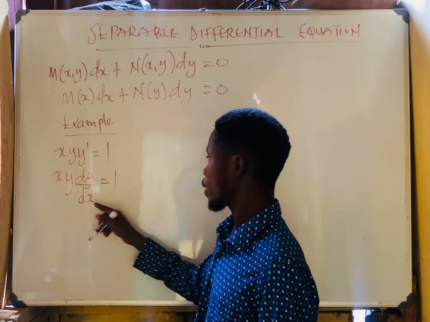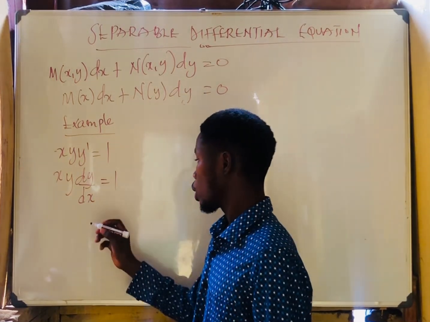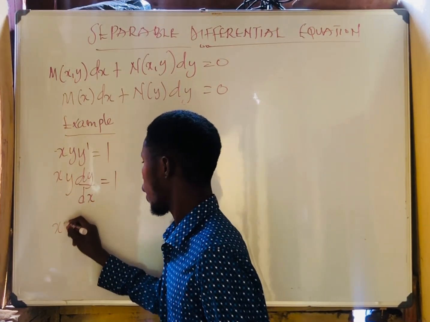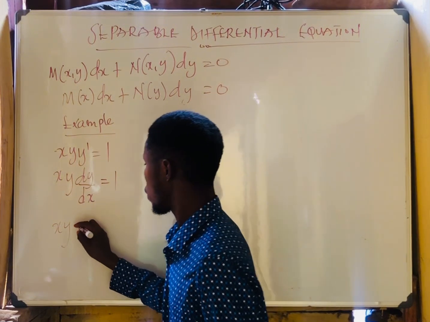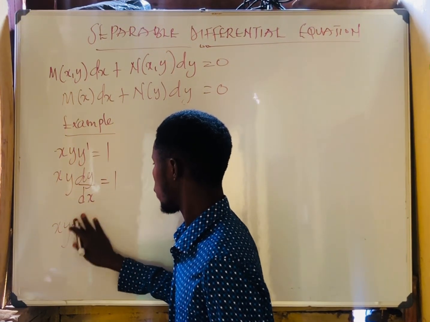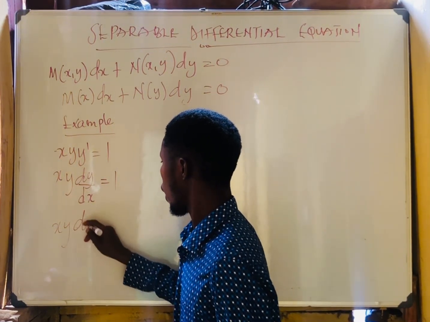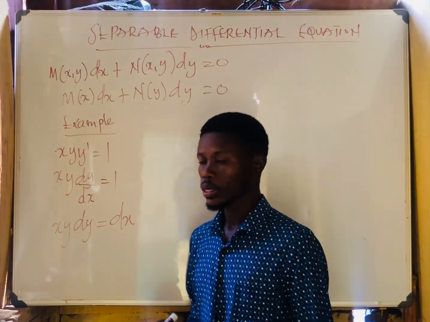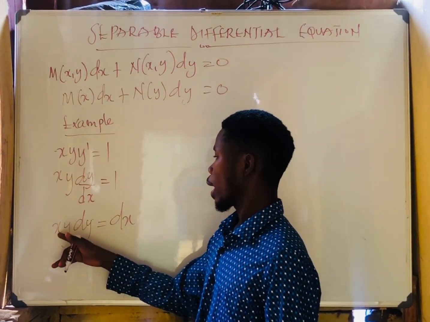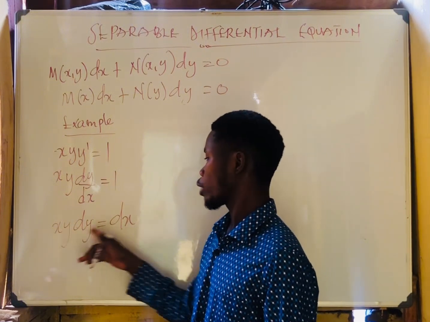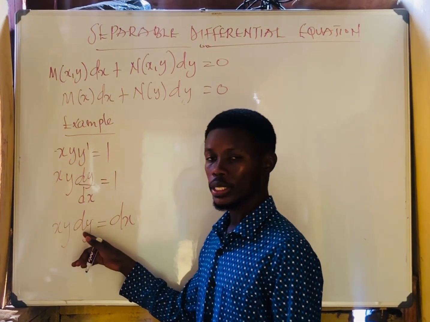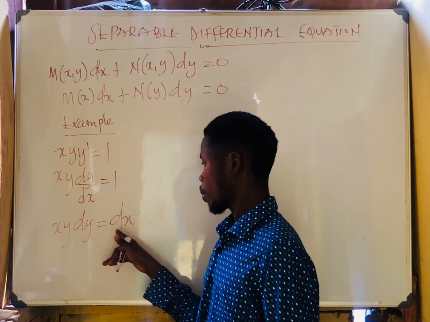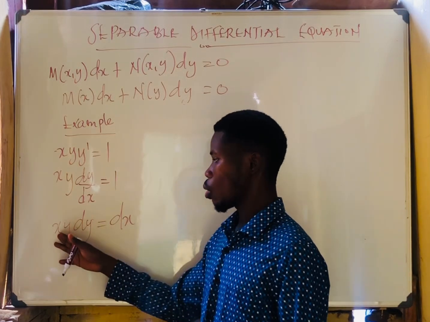So here you realize that I can do cross multiplication to get xy dy equals dx, right? So what I need to do here is send this x to this place, so that here y dy is separated, and the x coming to here becomes dx over x.